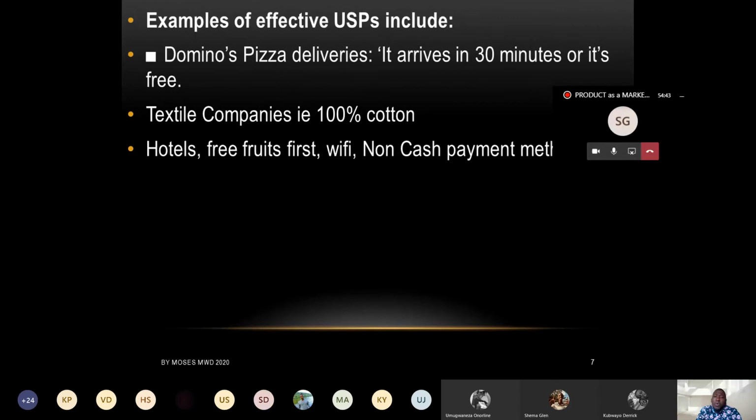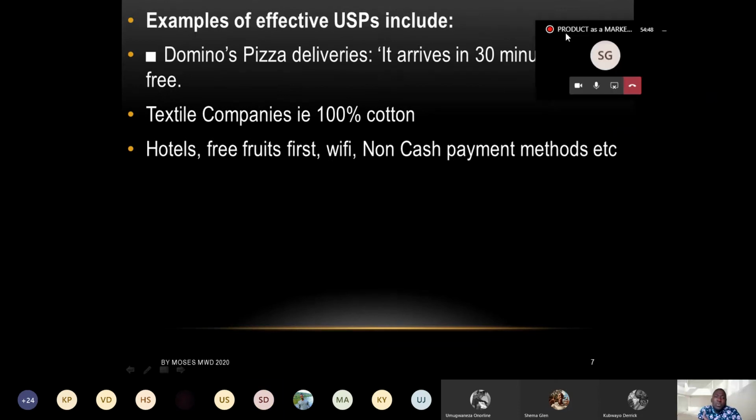We have hotels. They give you free fruits first. As you sit, before you make an order, they give you fruits, or a glass of juice, or Wi-Fi, or non-cash payment methods. They can allow your credit card.